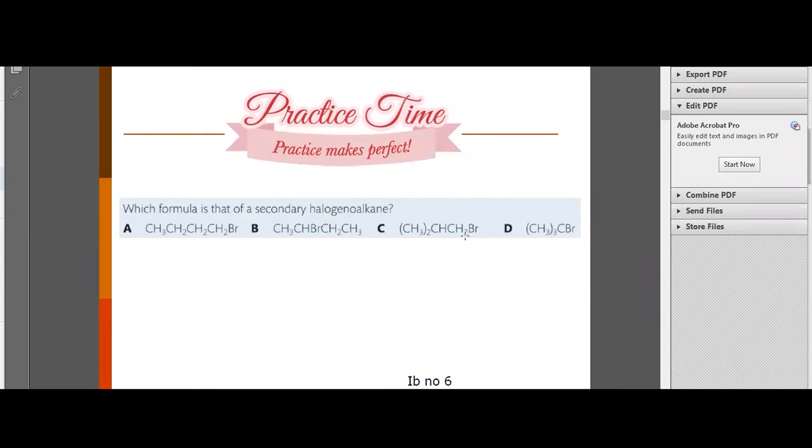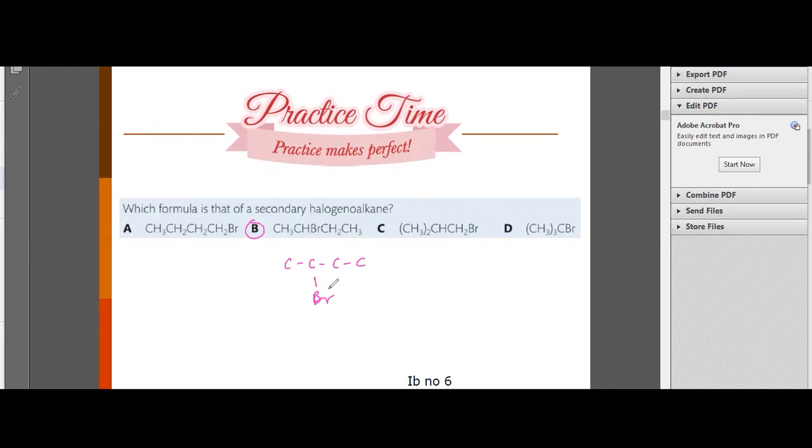Okay, let's start to answer this. Which formula is that of a secondary halogenoalkane? It is very clear, right? The secondary is B. You can change it to the display formula to make this clearer.